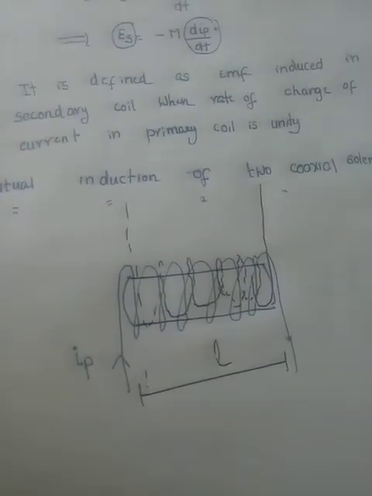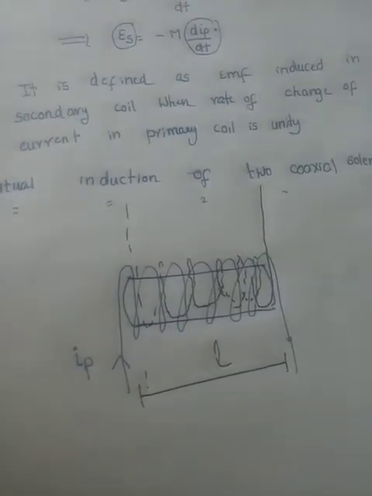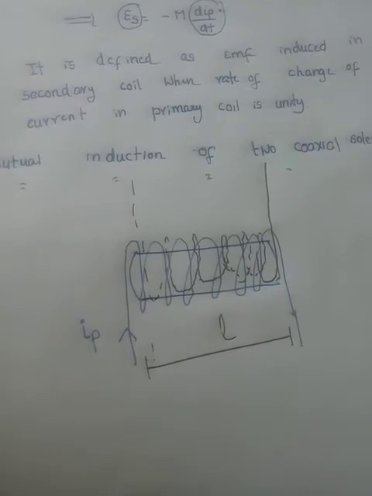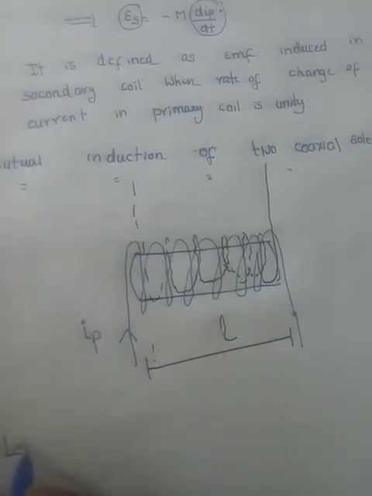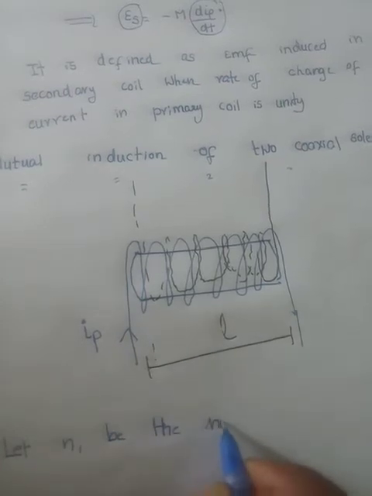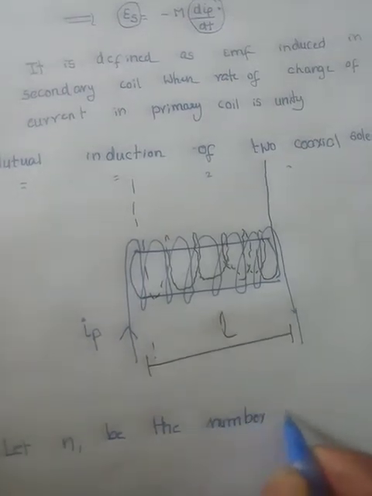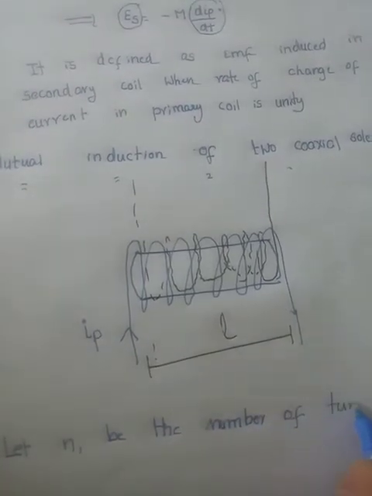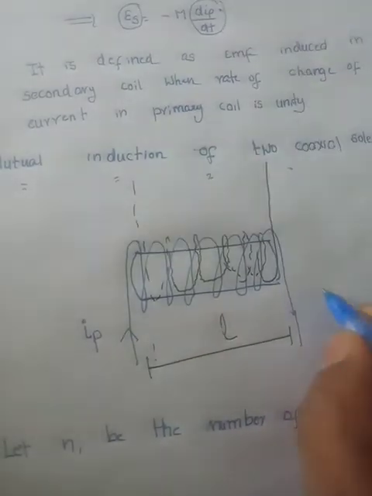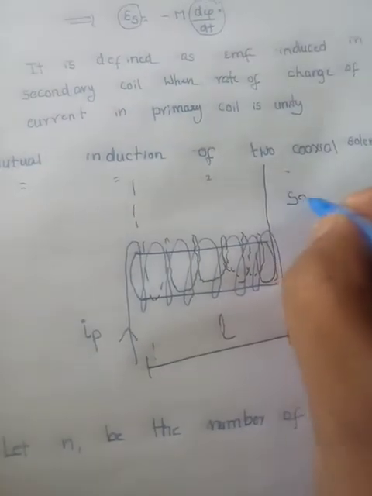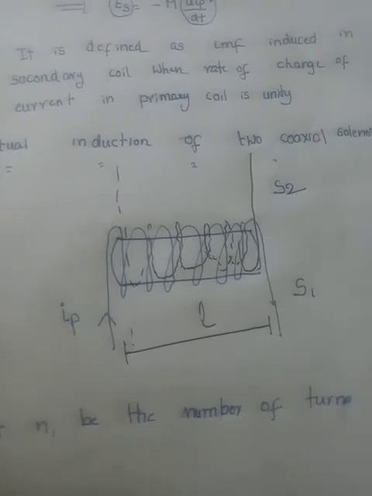Let us consider the length of these two coils to be the same, L. Let us assume that this is S1 and this is S2, solenoid 1 and solenoid 2.